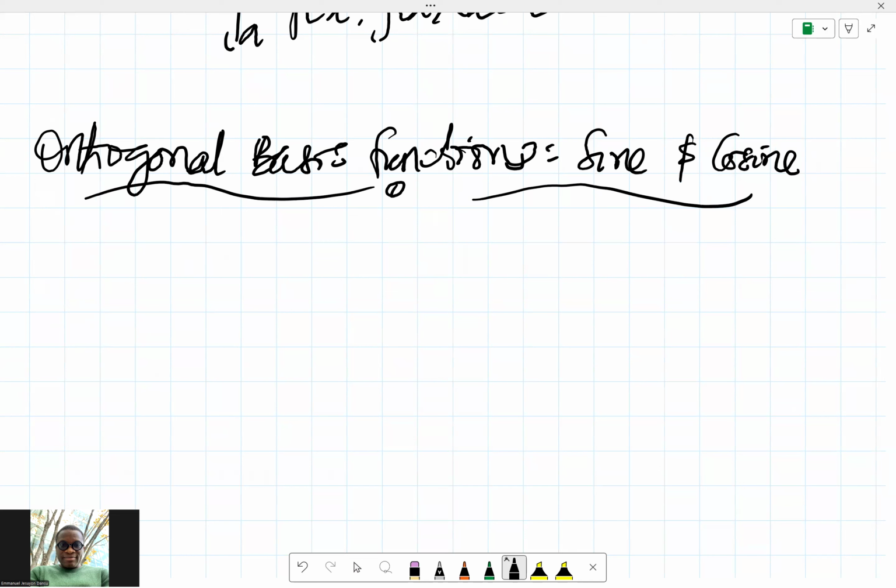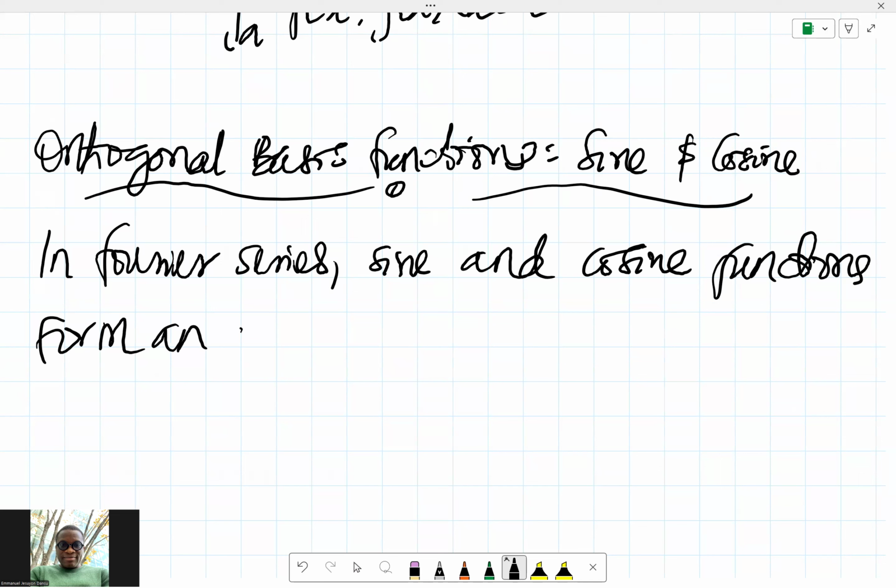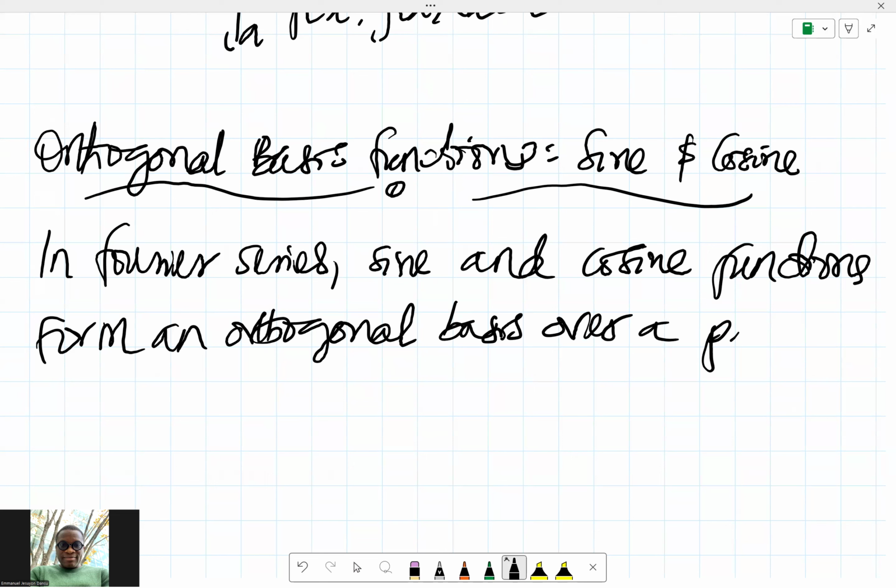In Fourier series, sine and cosine functions form an orthogonal basis over a period.